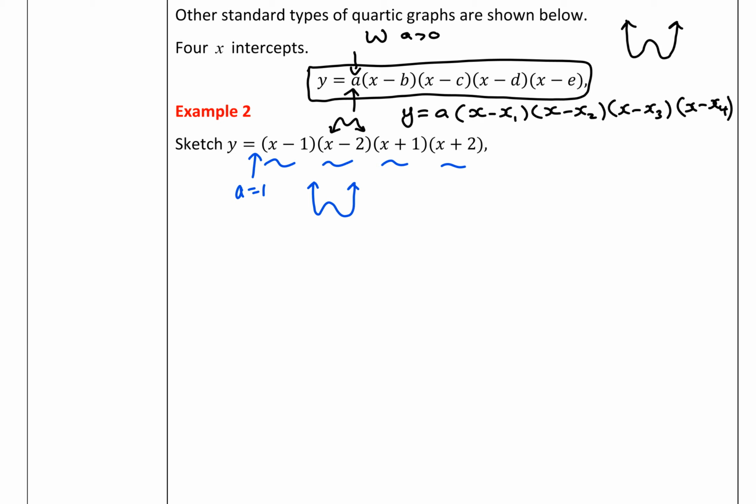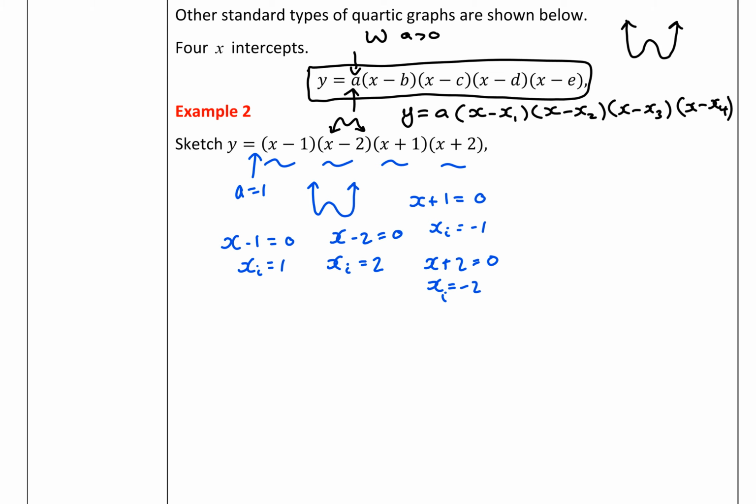I should also note what I can instantly see, and that is, if x minus 1 equals 0, then one intercept is 1. If x minus 2 is 0, then the other intercept is 2. So I'm just using null factor law here to show that if I let all of these brackets equal 0, I'm going to get my intercepts.